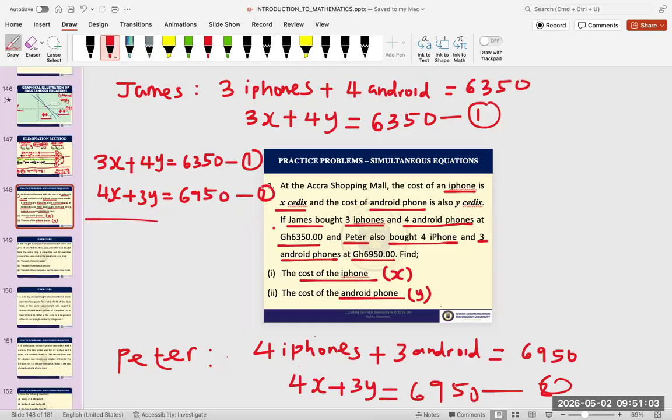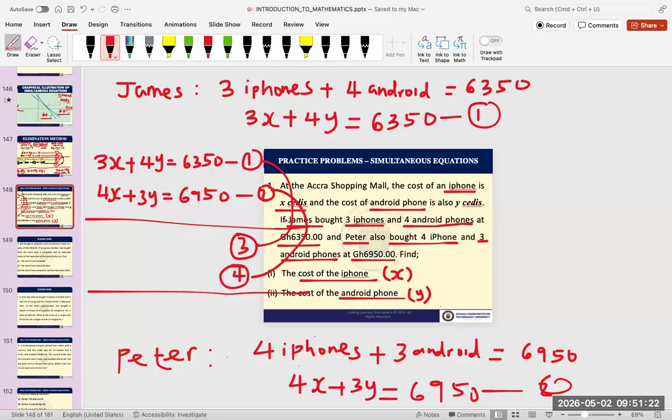Our strategy we have learned today means that we draw a line. We are now changing equation 1 to become equation 3. And then we are changing equation 2 to become equation 4. And then we draw our line.